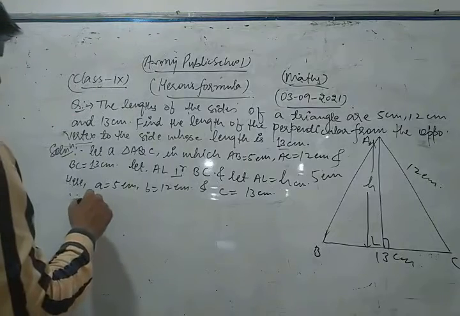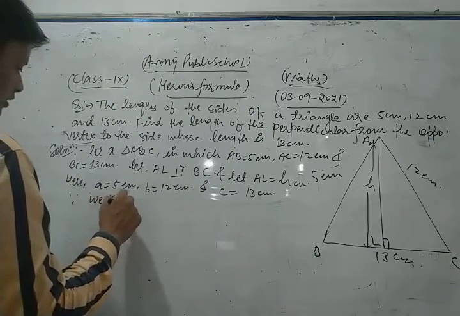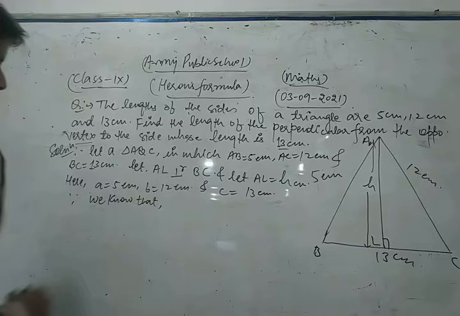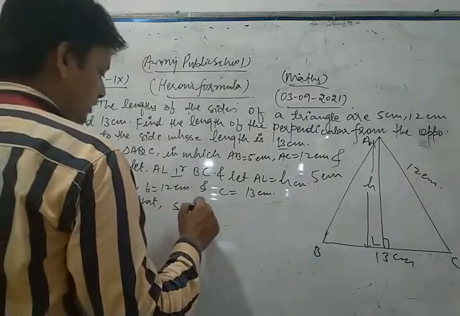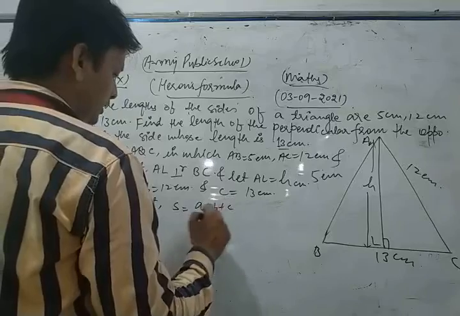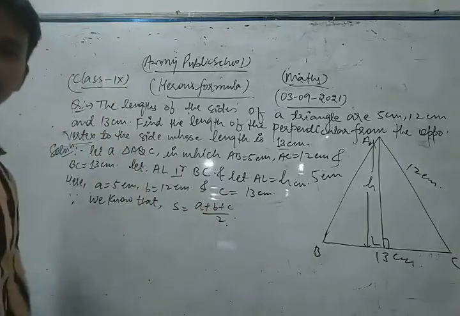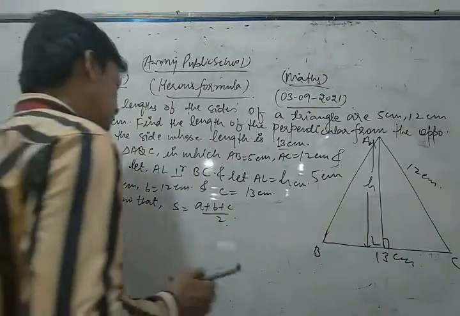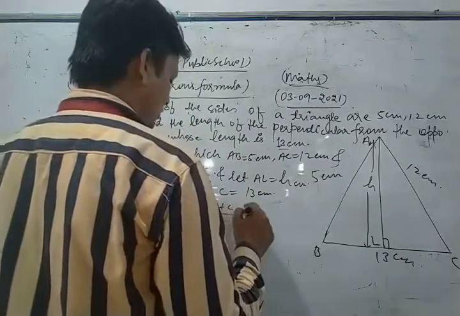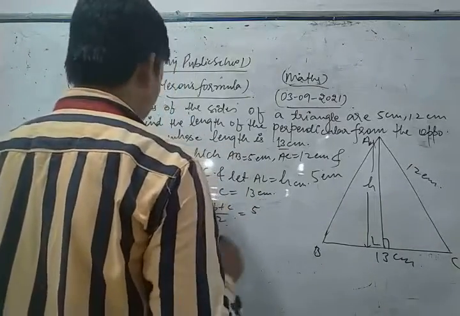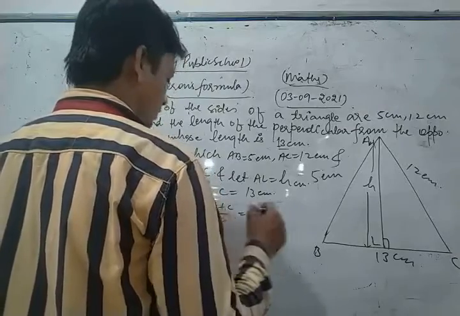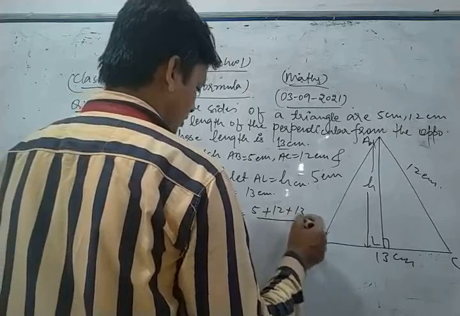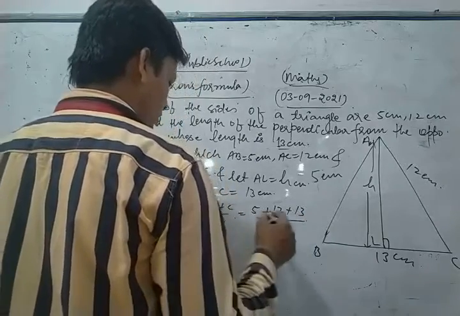Since we know that semi-perimeter s is equal to a plus b plus c upon 2, so a is 5, b is 12, c is 13, upon 2.